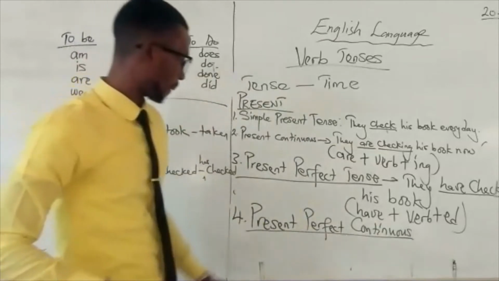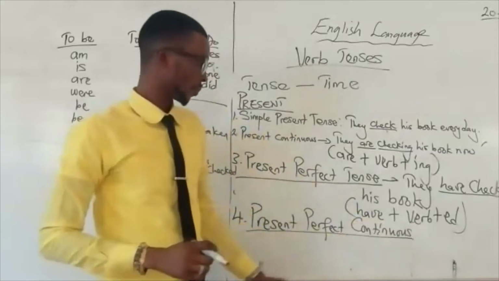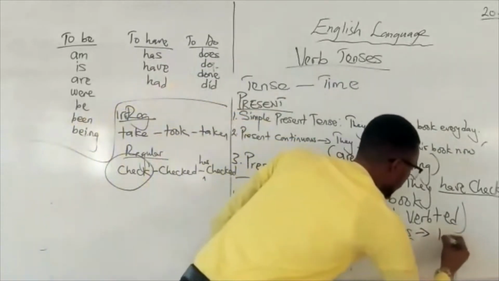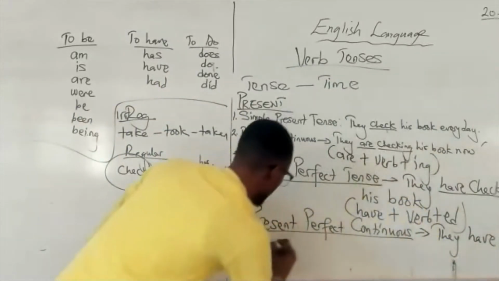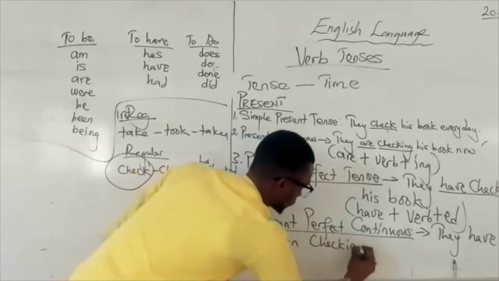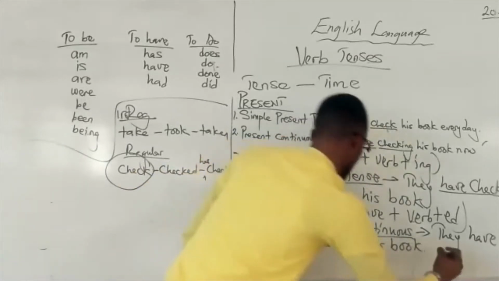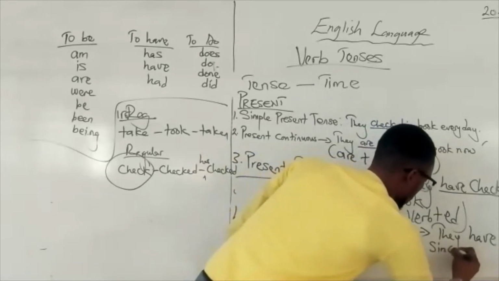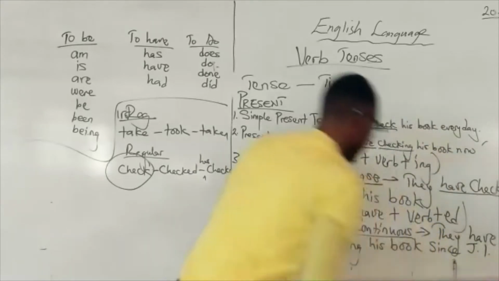All right. In order to form the present perfect continuous tense form of the verb, for example, we say they have been checking his book since J1.